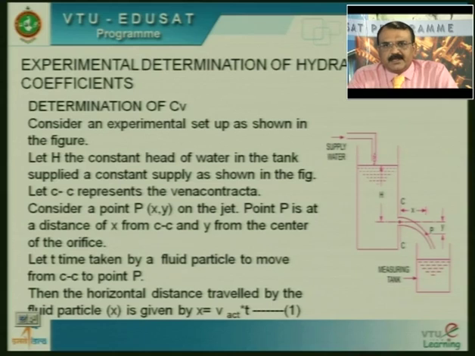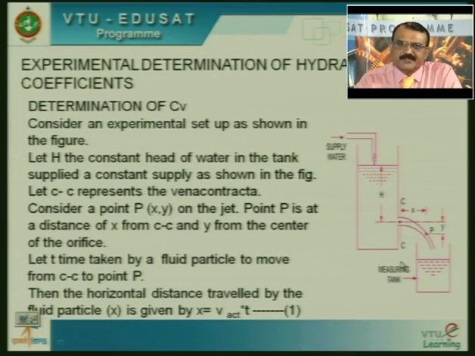Now, the same setup I showed here will be there in your laboratory. There is a tank or a channel, an orifice is provided, and on the downstream side there is what is known as a measuring tank.